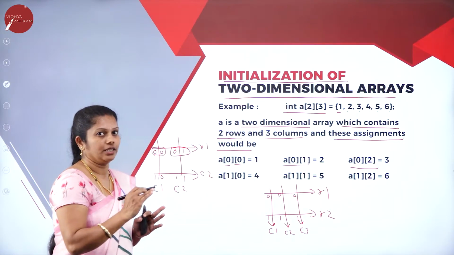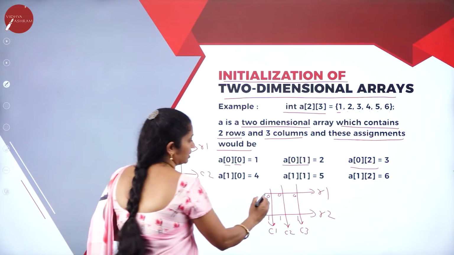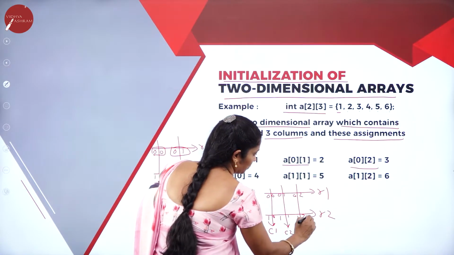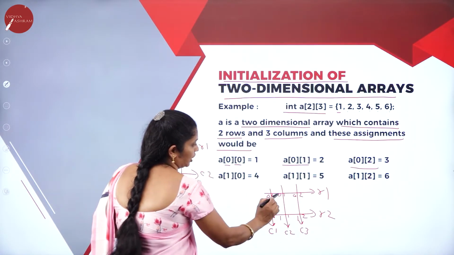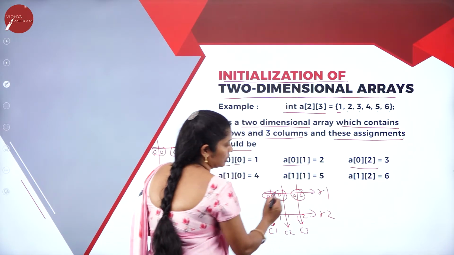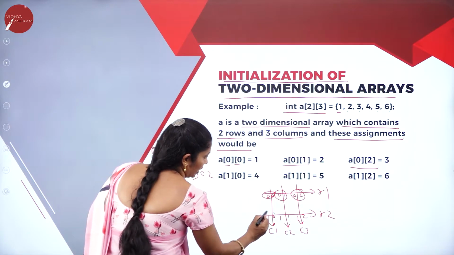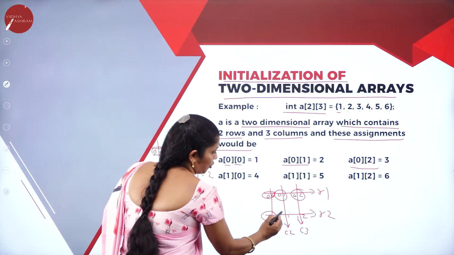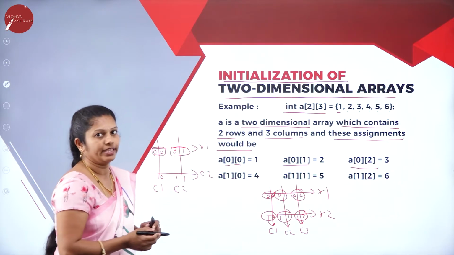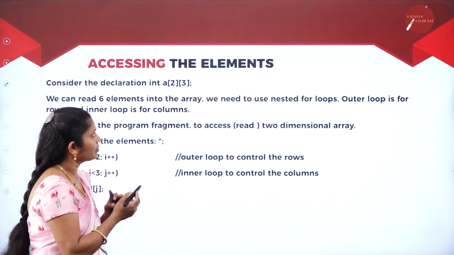We have completed the row. Then write column values, that is 0, 0, then 1, 1, next 2, 2. Here first element a of 0 is to 0, then second one 0 is to 1, third one a of 0 is to 2, next one 1 is to 0, then a of 1 is to 1, next a of 1 is to 2. Like this we can store all the elements.